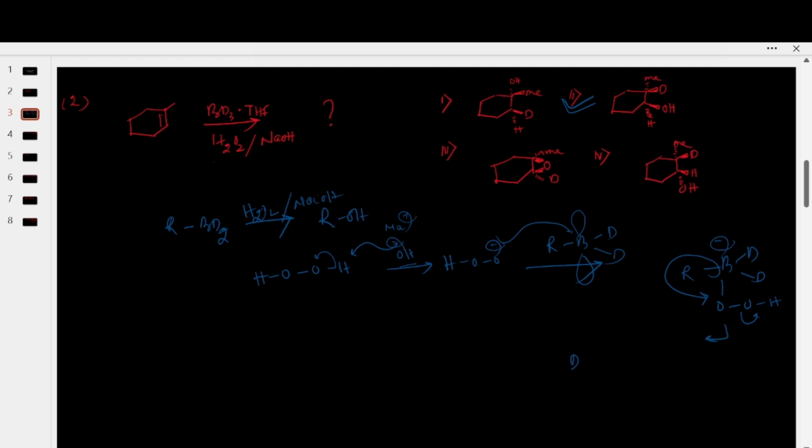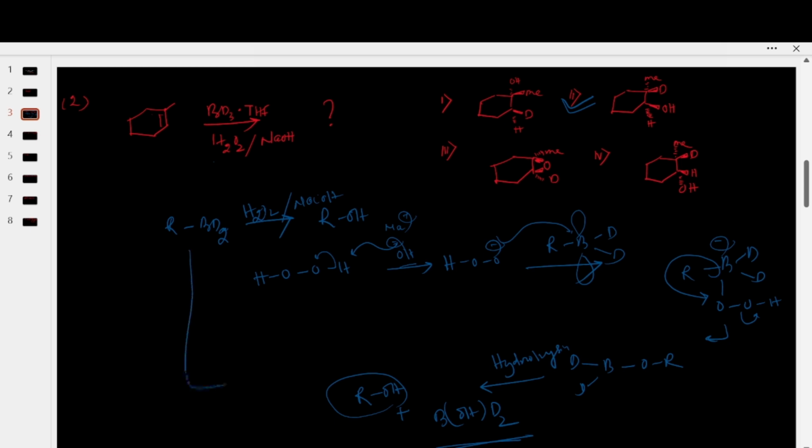Then the species becomes deuterium OR. After that, hydrolyze it, it will form your alcohol plus this species. So this is the way how that boron form of the compound will be converted to alcohol in the presence of your H2O2 NaOH.